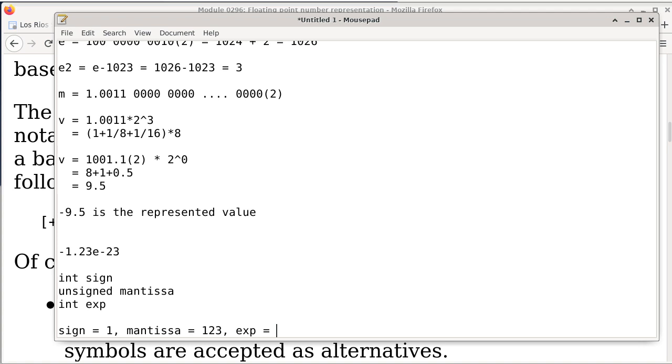But I can adjust the exponent to do that, exactly. So the exponent is negative 23 minus 2, which is negative 25. Because negative 1 times 123 e negative 25 is the same as negative 1.23 e negative 23. Is that okay?